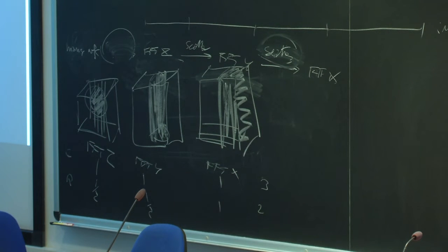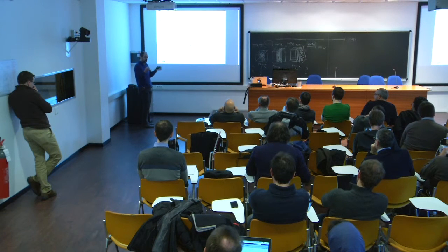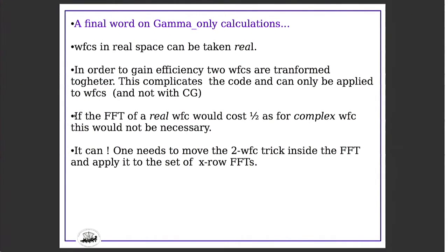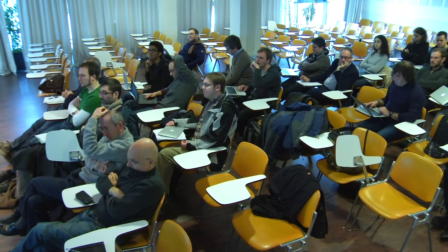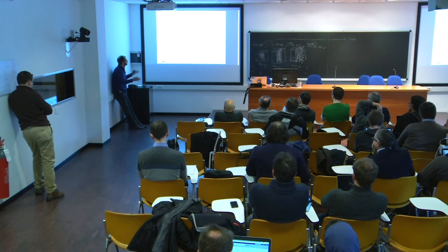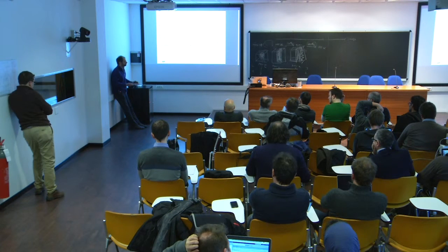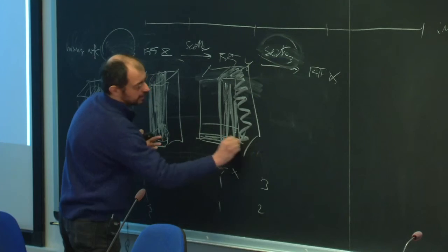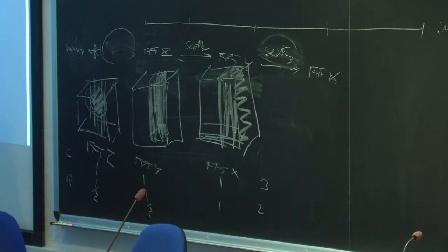However, what do we do when we do the FFT in real space? We take two wave functions that we know will be real once transformed, and we combine them in such a way that the real part is one wave function, the imaginary part is the other wave function. Here we have only one wave function, but we have millions of rows. Each of these rows has to be real once we have transformed them.